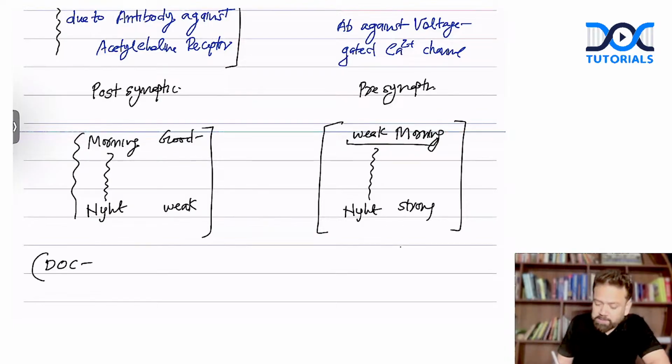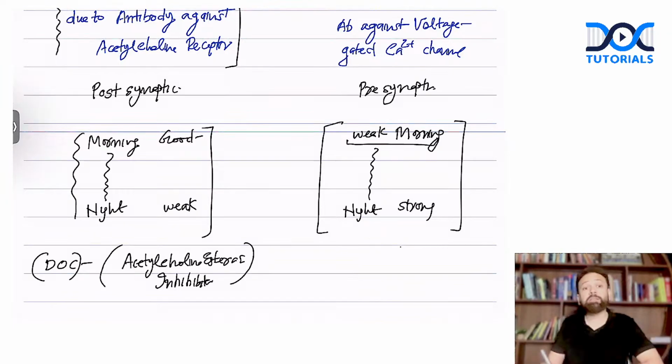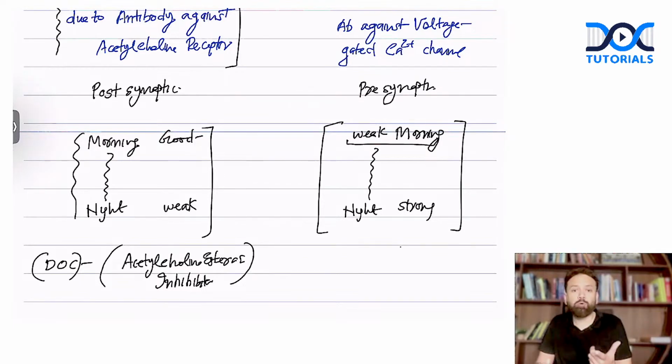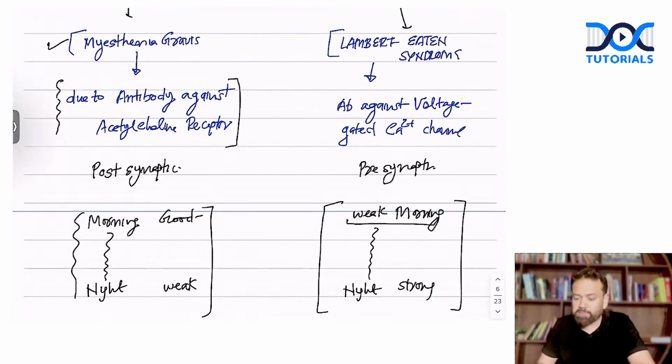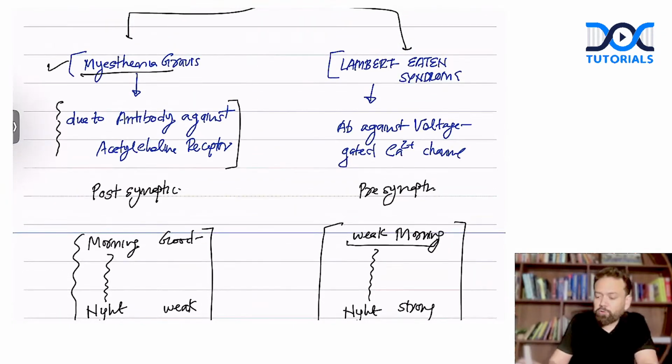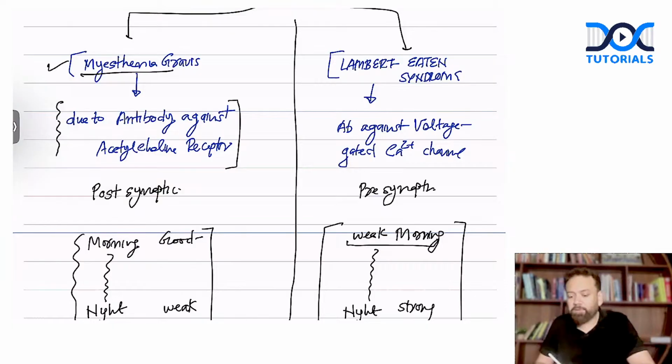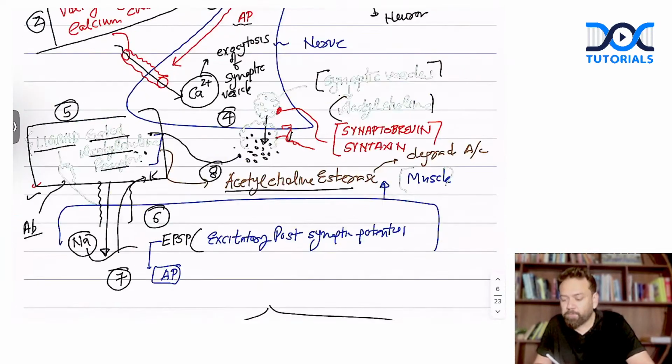So the drug of choice is going to be an acetylcholinesterase inhibitor. These drugs inhibit the enzyme which is degrading the acetylcholine. So this is how you will differentiate in the exam between myasthenia gravis and Lambert-Eaton syndrome.